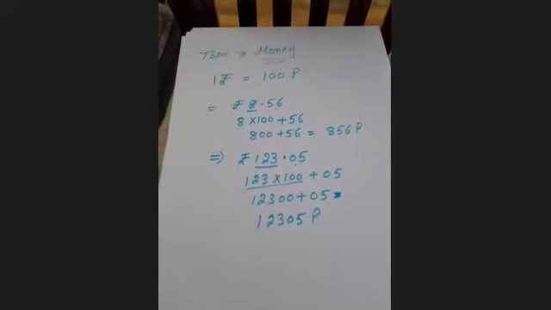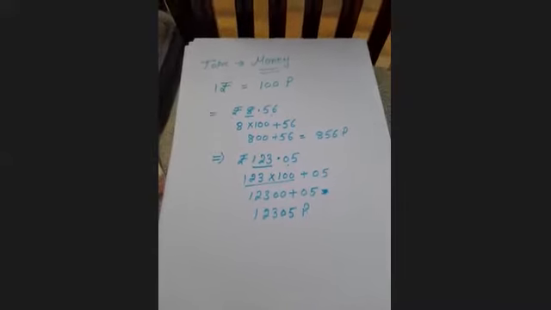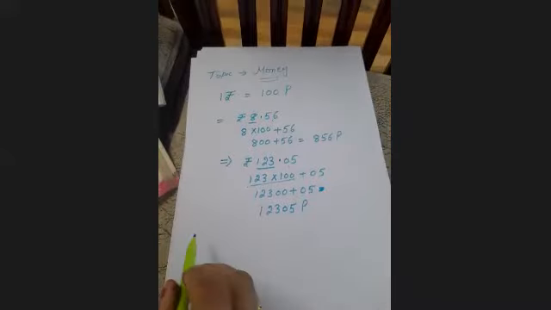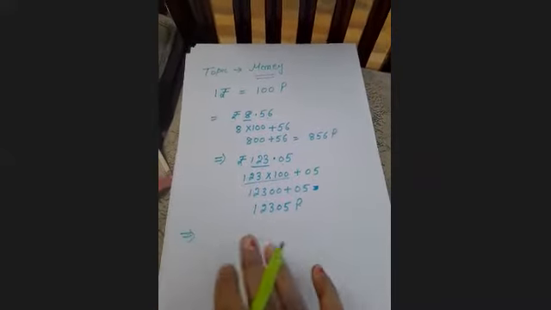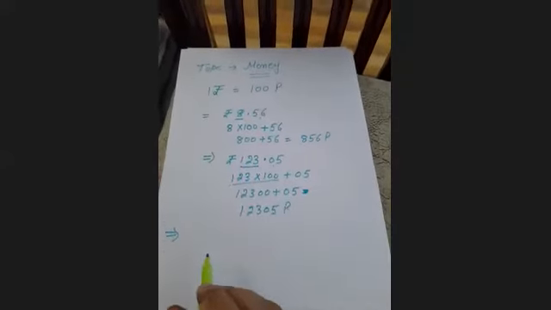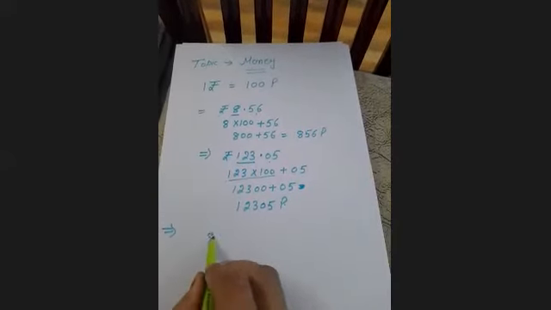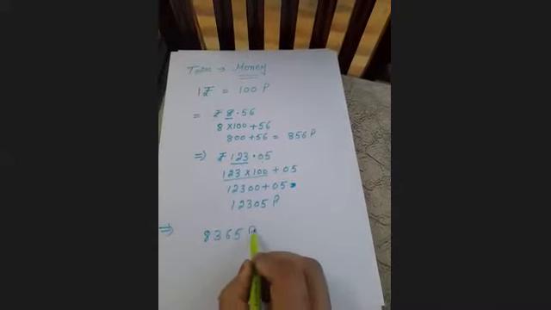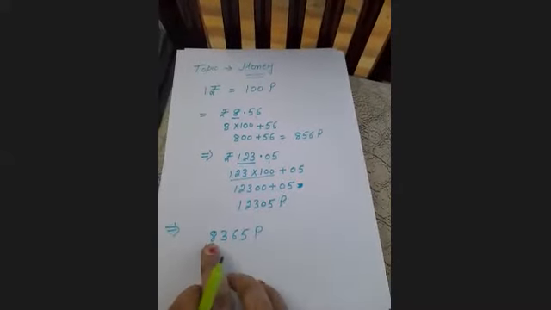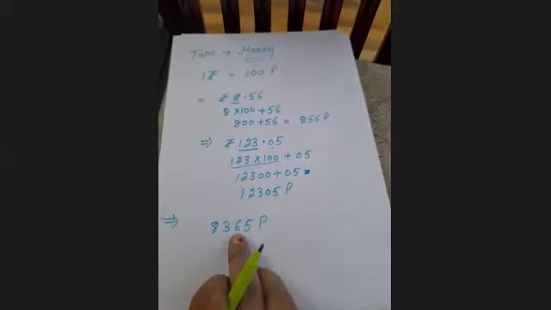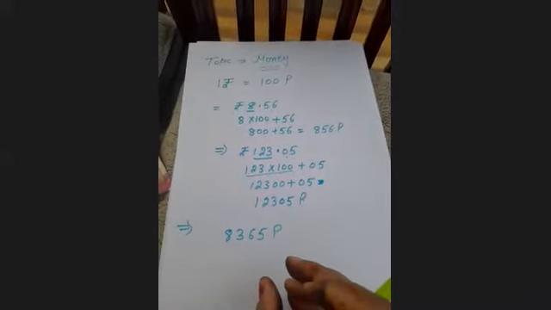Clear, students? Now, how can we convert paise into rupees? Second type is how we can convert paise into rupees. So let us consider one example. Here we have 8,365 paise. Now convert this amount into rupees. Yes, students, as you know, in 1 rupee we have 100 paise.